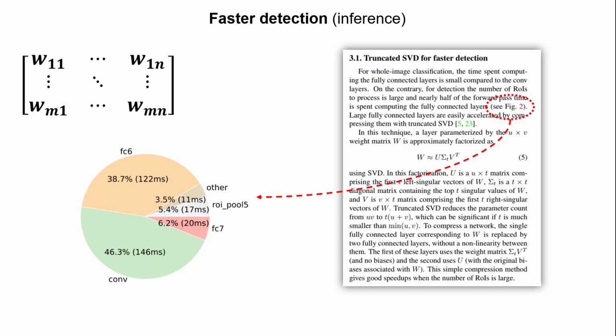By using truncated SVD, we can make it significantly less time consuming, but let's first understand what singular value decomposition, or SVD, is. Let's assume we call our weight matrix W, which is m by n. We can represent this matrix as a set of vectors W1, W2 until Wn.